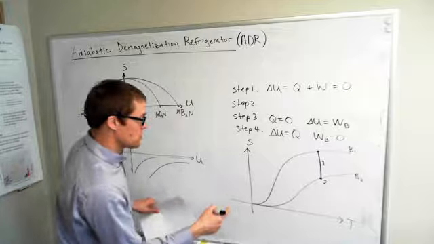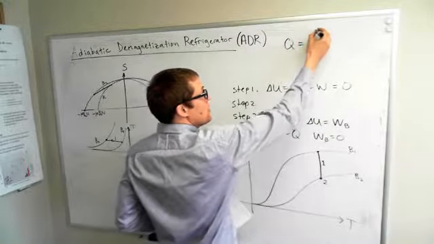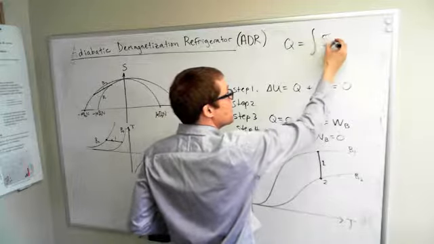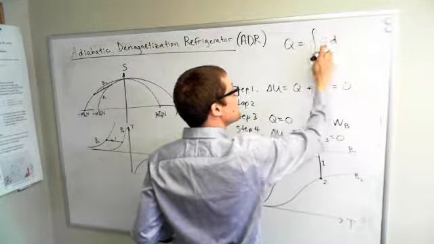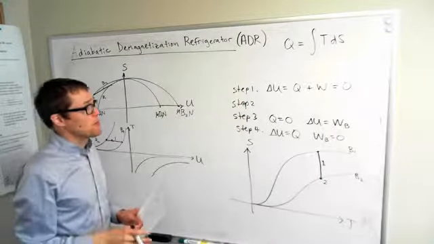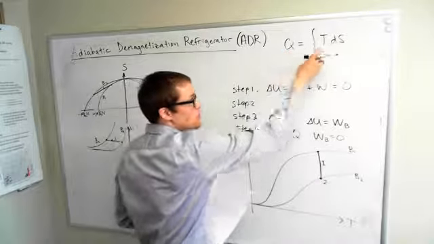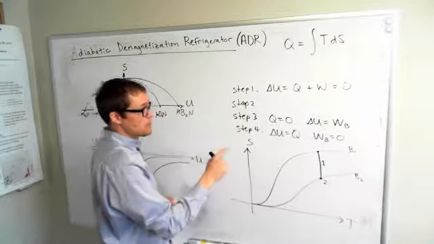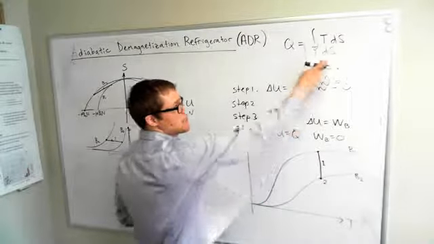And what I was going to point out earlier is that, from considering the thermodynamic identity for this magnetic system, we can show that Q is related to TdS. So if Q is equal to 0 and temperature is changing, then dS must be 0.